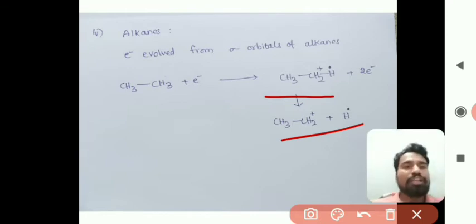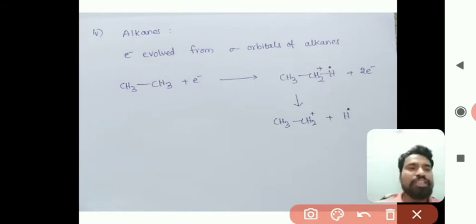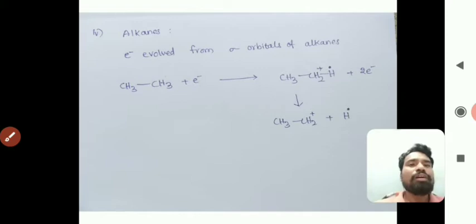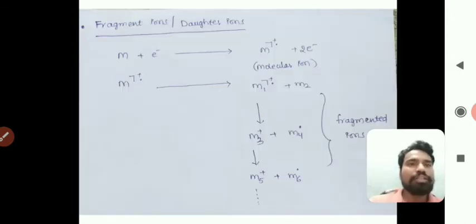So the electron evolution process majorly depends upon the structure of the organic molecule as well as the functional groups on it, right? Now observe here what are called fragmented ions or daughter ions.